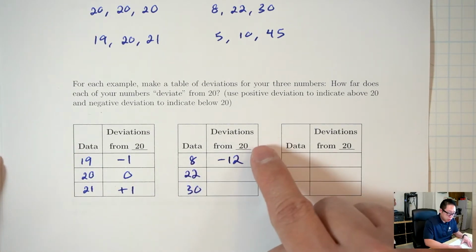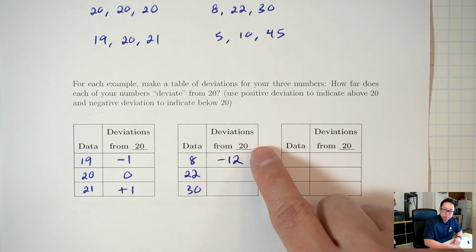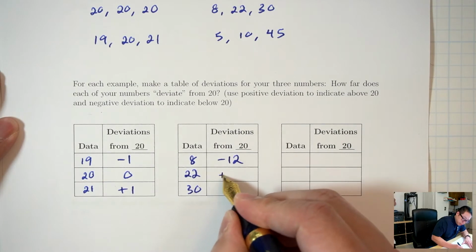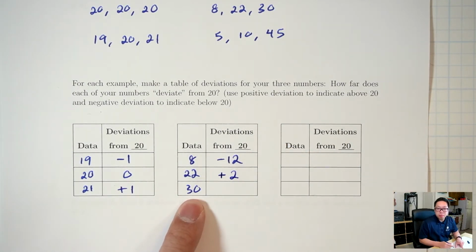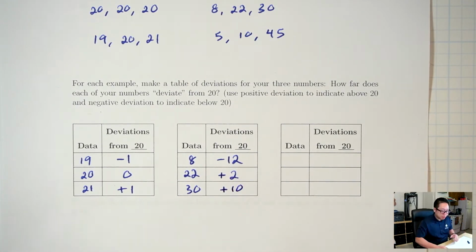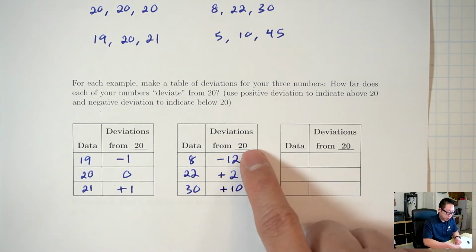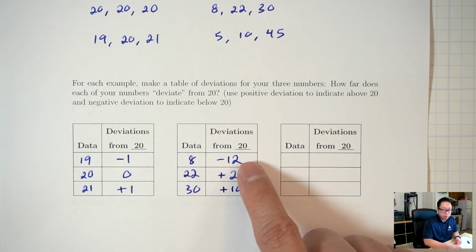Okay, so 8 minus 20 is -12. 22 minus 20 is +2. And then 30 minus 20 is +10. But what it means is that 30 is 10 above 20. And then -12 means 8 is 12 below 20.